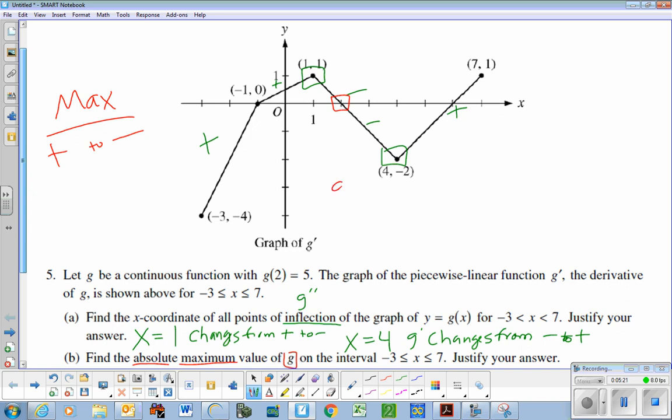This one here. And we know already from the problem that g of 2 is going to equal 5. But we're not done, because you always have to consider the endpoints on these problems. Always. So we also have to consider what is g of negative 3 and what is g of 7.